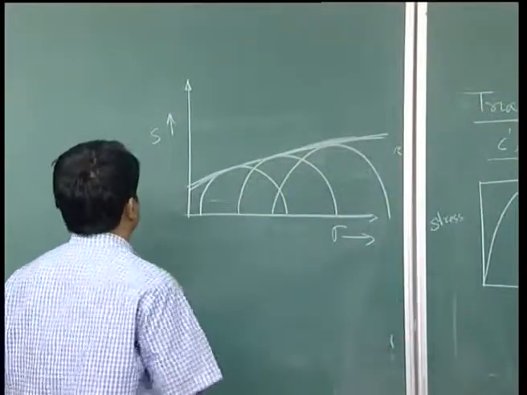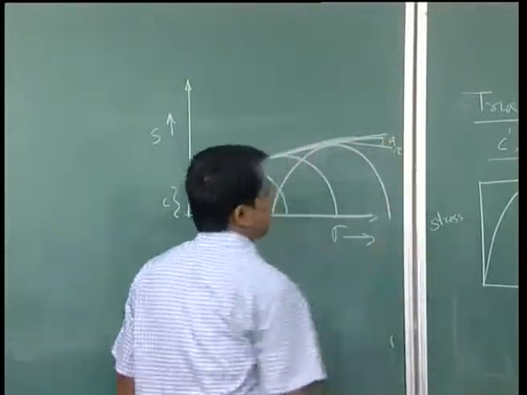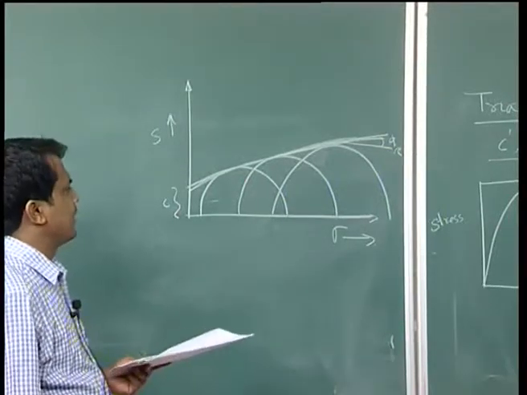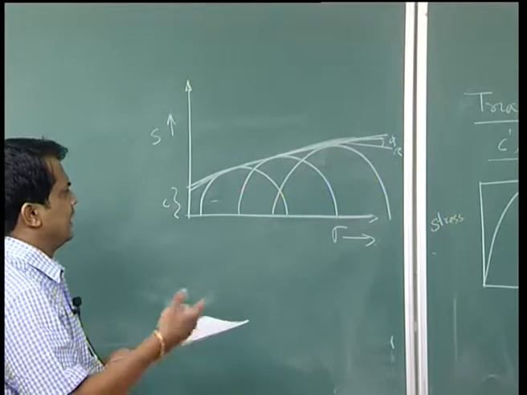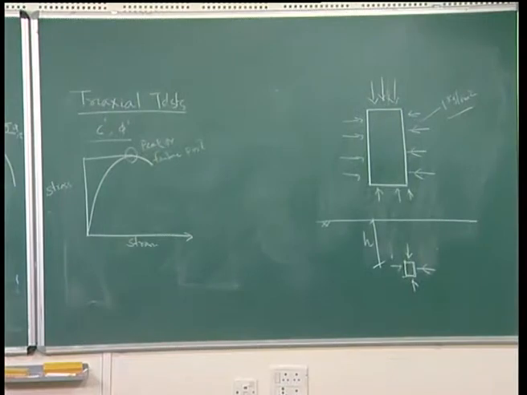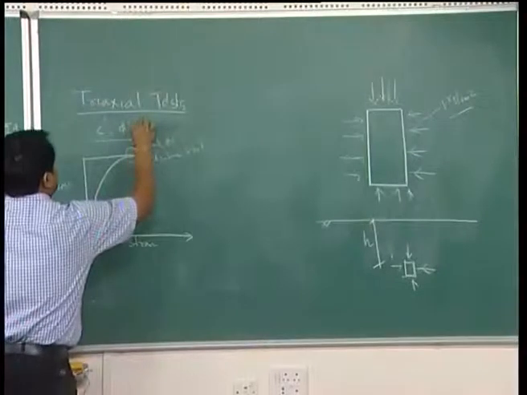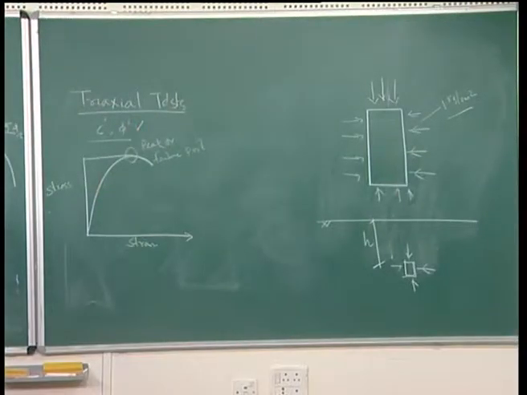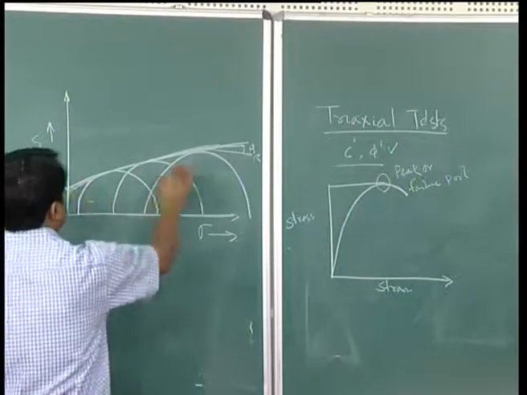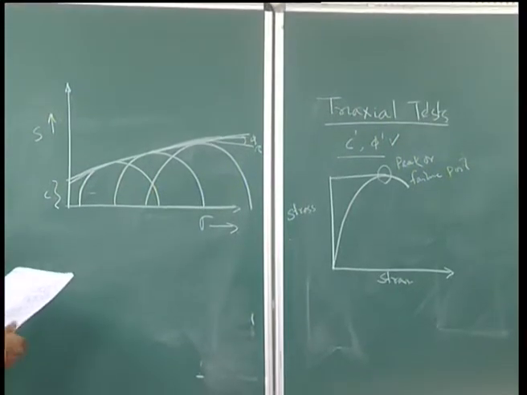This will give C and this will give you phi. As I said for your direct shear test, in the case of a triaxial test, as there are two parameters C and phi, the minimum number of tests required is 2. Generally we go for 3 samples, we will get a good result. So, a minimum of 2 samples are required so that you will get C and phi.